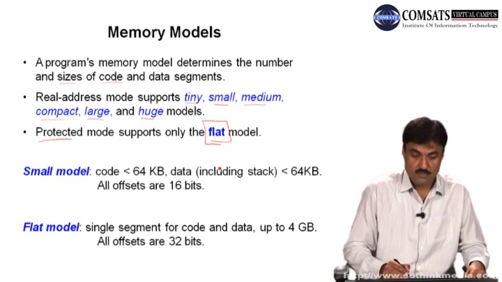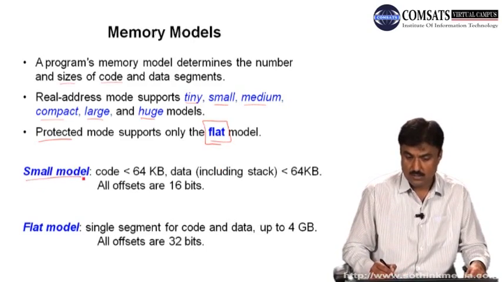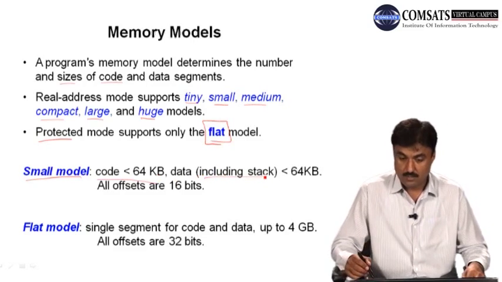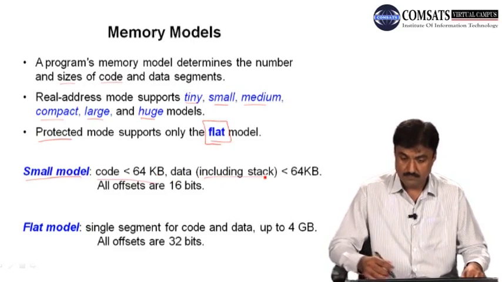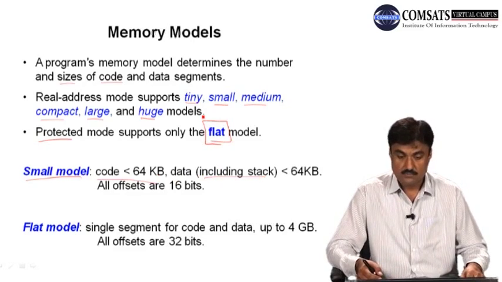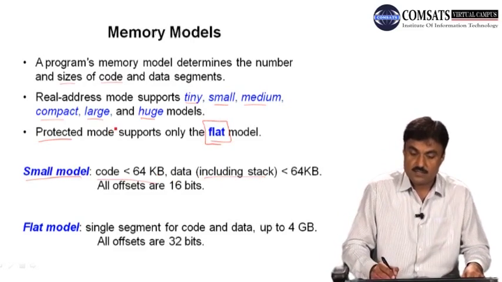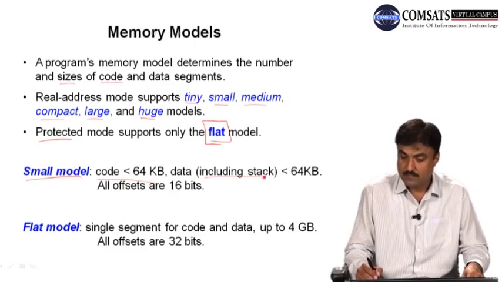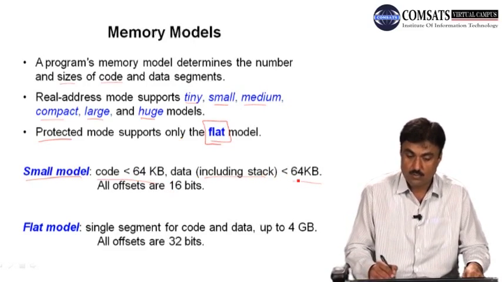What is the difference between these? In the small model, the code is less than 64 kilobytes, and the data, including the stack, is also less than 64 kilobytes, and all offsets are 16 bits.